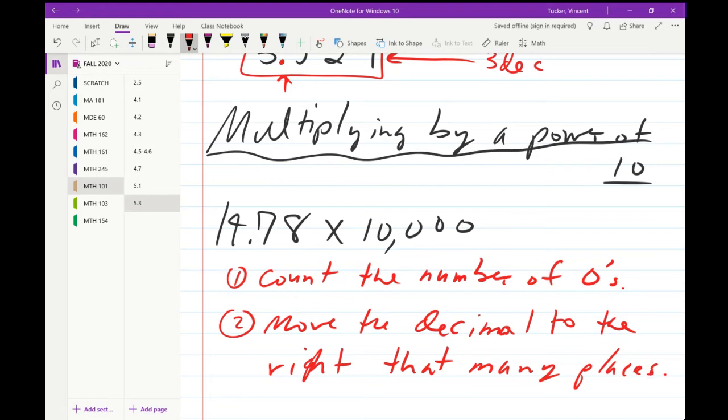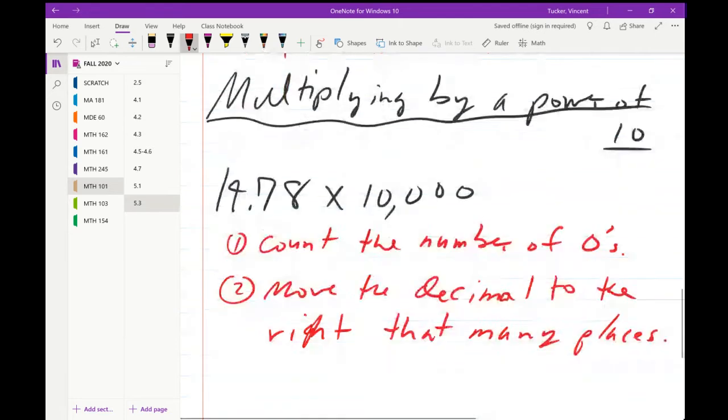All right, so we'll count the number of zeros, then move the decimal to the right that many places.